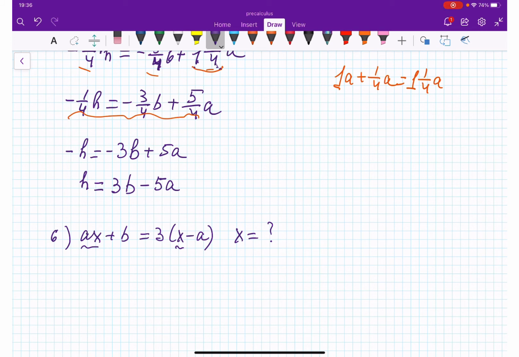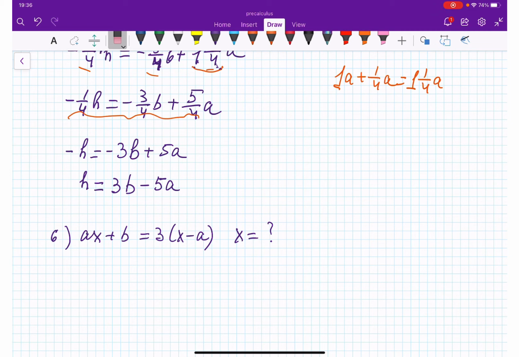Either I distribute this 3 and then combine like terms with X, or I can get rid of this 3 first, release X minus A, and then combine. I like that method better, so I'm going to go that way.